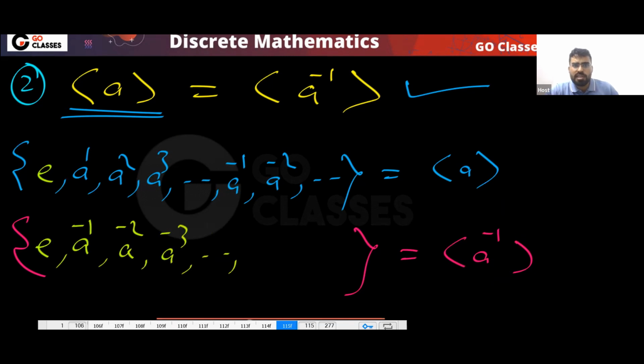What is the inverse of A inverse? That will be A. So can you notice both are the same? Agree or not? Both are exactly the same. So these are the 2 points you can consider.